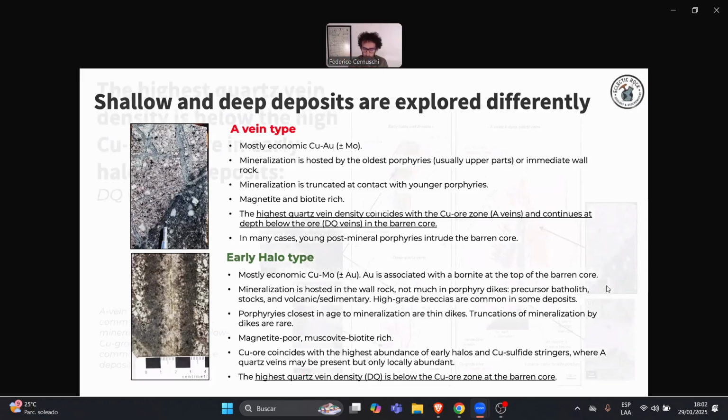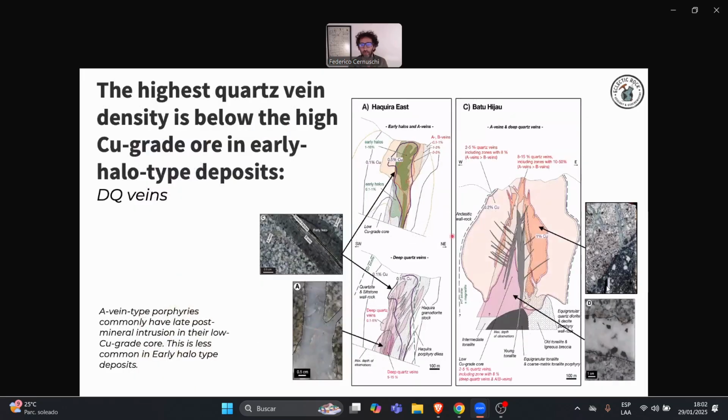So this is an example from Hakira, comparing Hakira with Batu Hijau. That's sort of half of a shell of the copper shell in Hakira, 0.5 copper, early halos, A and B veins. There's a barren core here, and the highest density of these deep quartz veins are down there in the barren core.